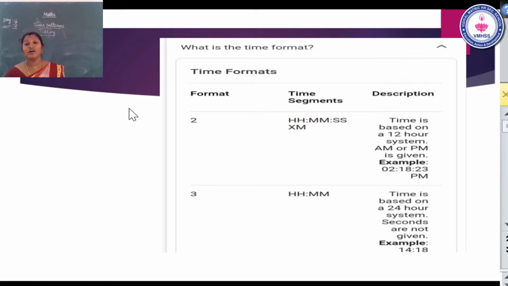So you already know the format HH:MM:SS. Here H means the time is based on a 12-hour system, with AM and PM, ante-meridiem and post-meridiem. And the next one, HH and MM, means the time is based on a 24-hour system.